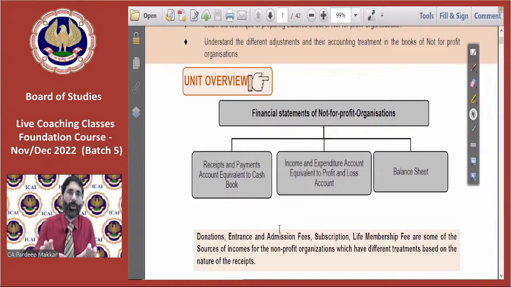Their first motive is to give welfare to the society. Second motive is to earn the profit only.